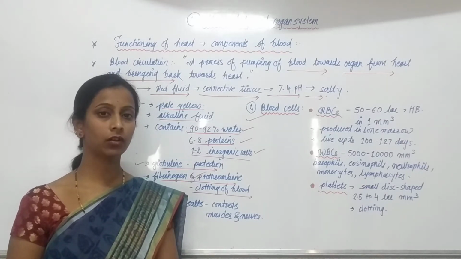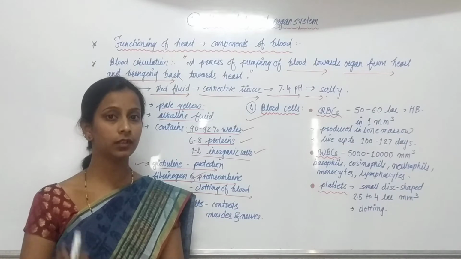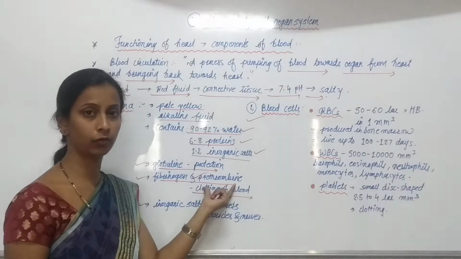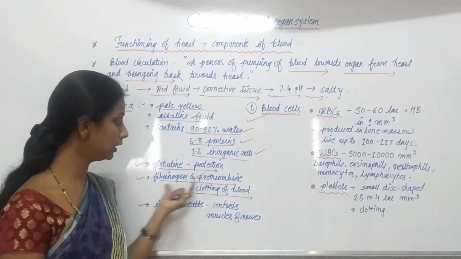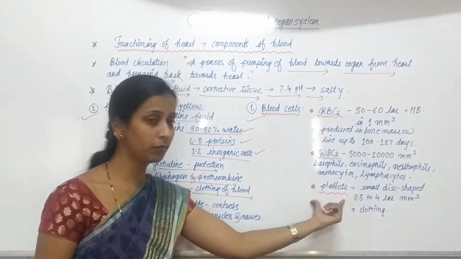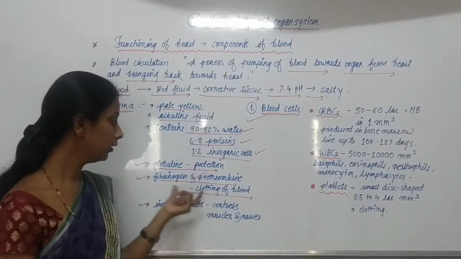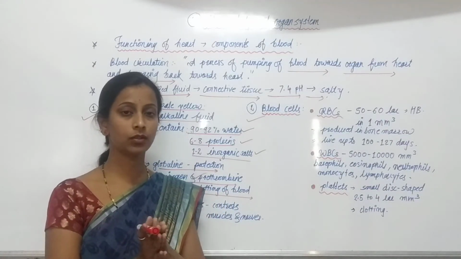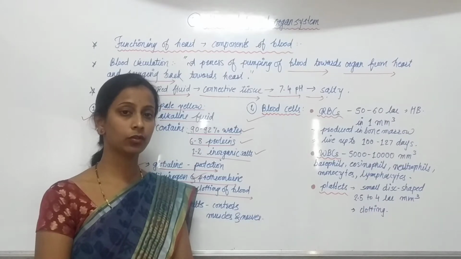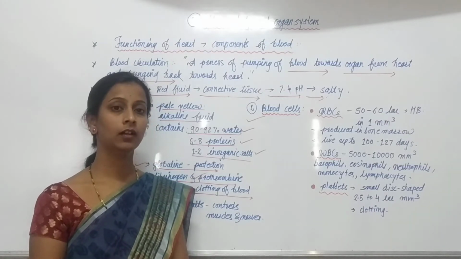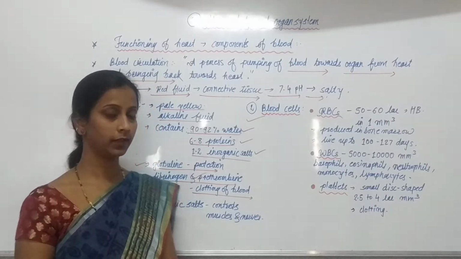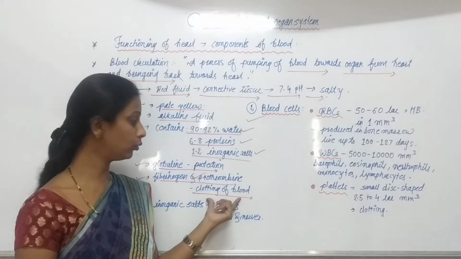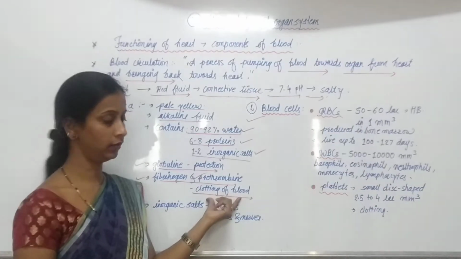So why does the flowing of blood stop? It is only due to fibrinogen and prothrombin and some of the platelets. Okay, so these take place in the clotting of blood. As the blood clots at the place of injury, the flow of blood stops. In this way, clotting of blood takes place, and it is very important to clot the blood after injury.